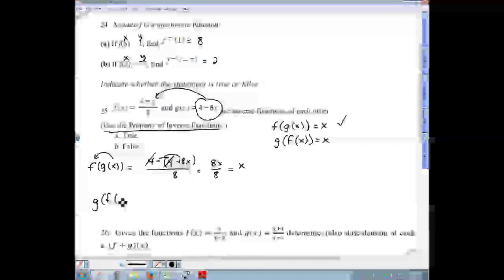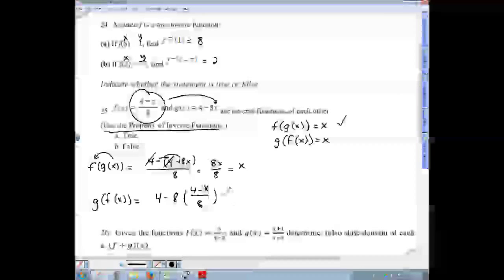Now if we test g of f of x, that means that this function goes right there for x. So we're going to have 4 minus 8 multiplied by (4 minus x), all over 8.